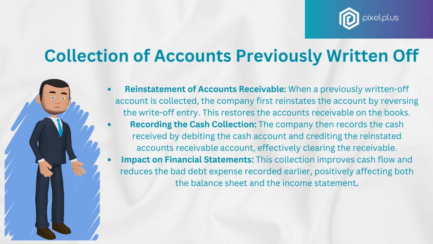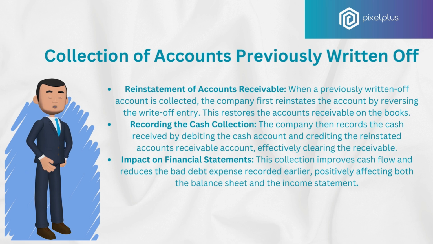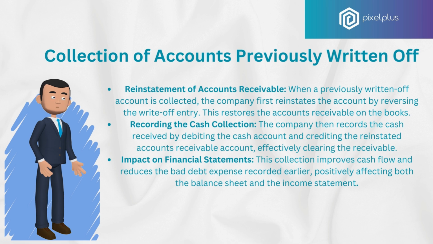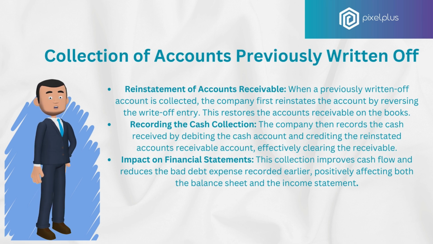Bad debt expense: the reversal of the write-off reduces the bad debt expense, potentially improving net income for the period if the reversal occurs in the same fiscal year as the write-off. Net income: by reducing the bad debt expense, the reinstatement and collection can improve net income, reflecting better overall financial performance.